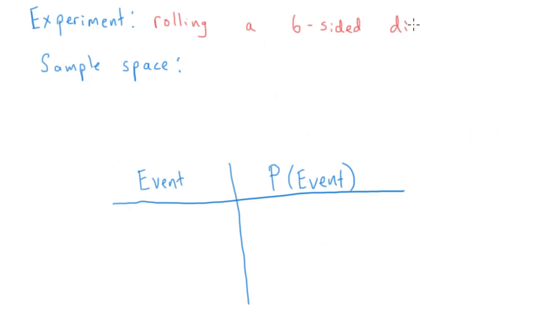dice. And we're going to be dealing with dice in a few examples, so I guess I should actually use the correct word before I talk about it. Rolling a 6-sided die. Okay, so the word dice is the plural of the word die.